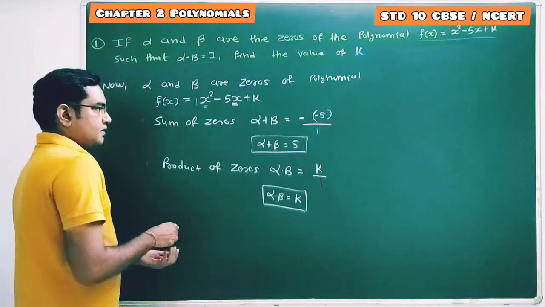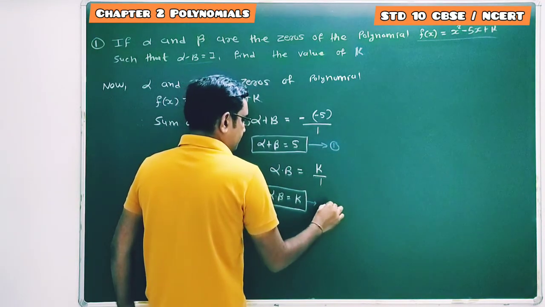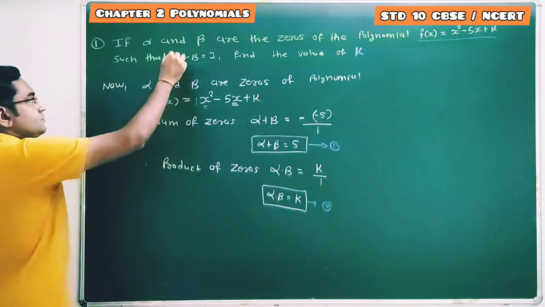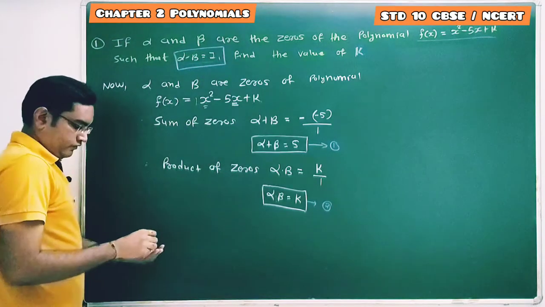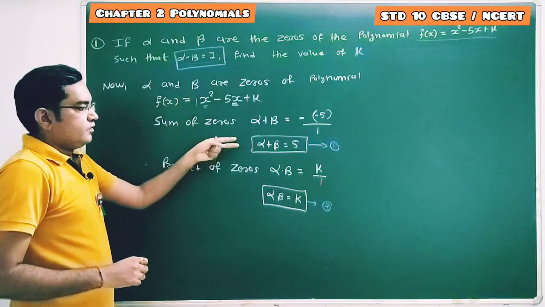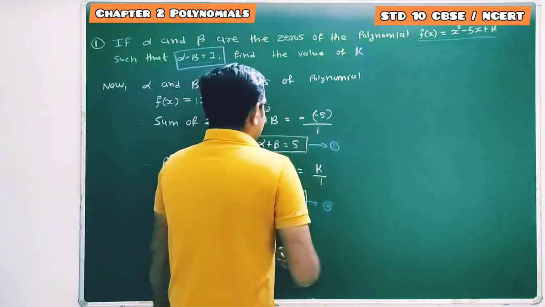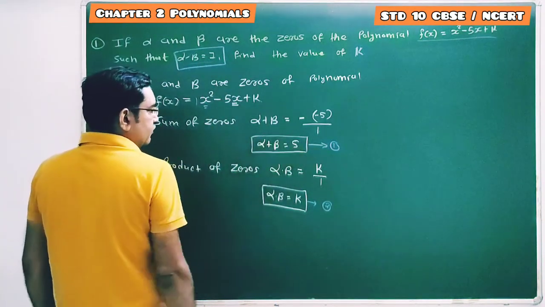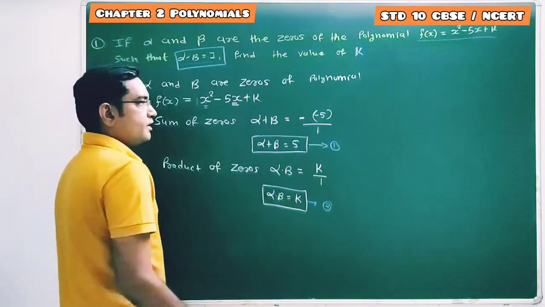So two results are there, result number 1 and result number 2. One result is given, that is alpha minus beta equal to 1, and from this we have derived two more results. Now by using these three results, alpha minus beta equal to 1, alpha plus beta equal to 5, and alpha into beta equal to k, we have to find the value of this unknown k.